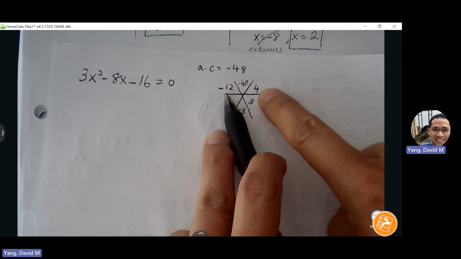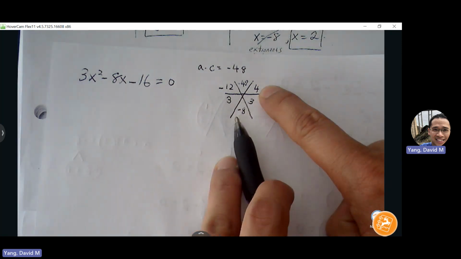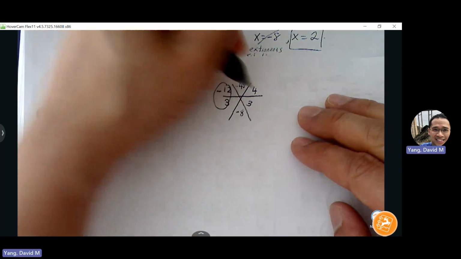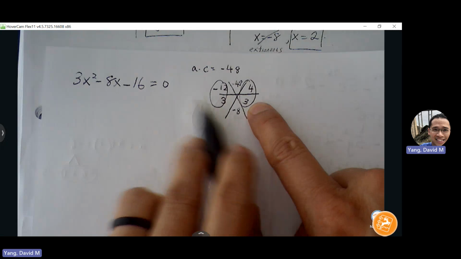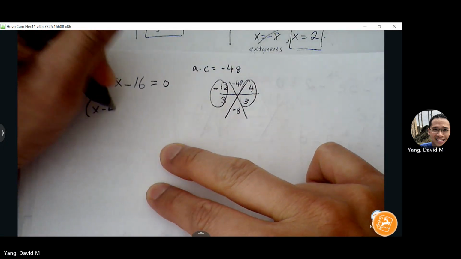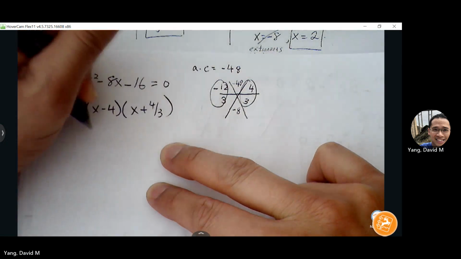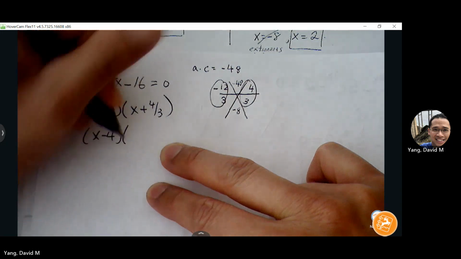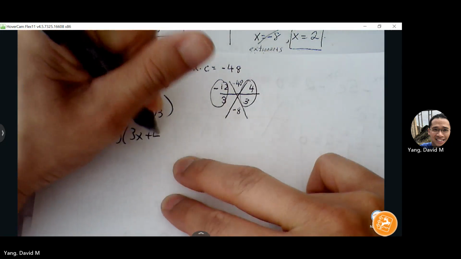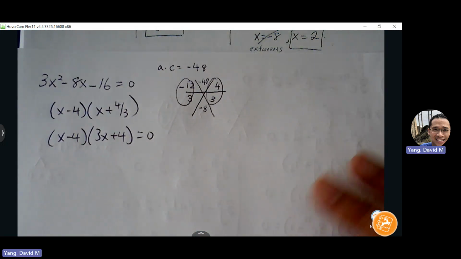The two numbers are -12 and 4. -12 times 4 is -48. -12 plus 4 is -8. Look at these fractions. That 3 is coming from that leading coefficient. Reduce. And then from there, continue.